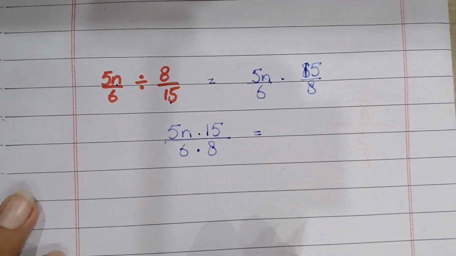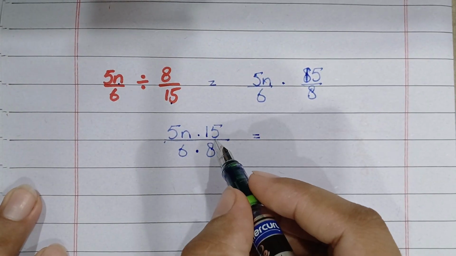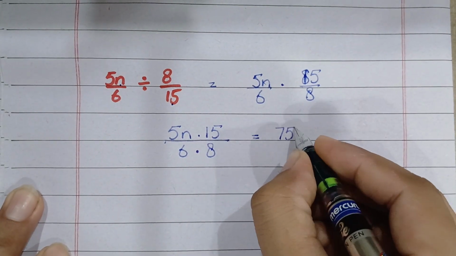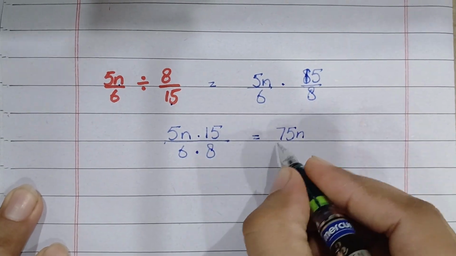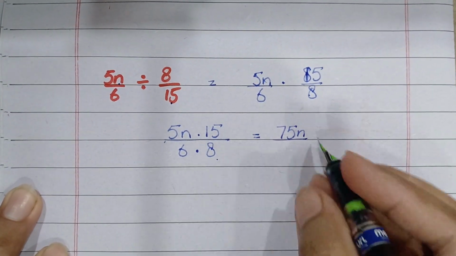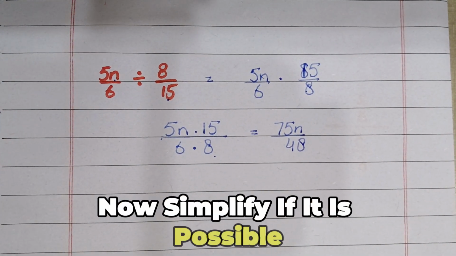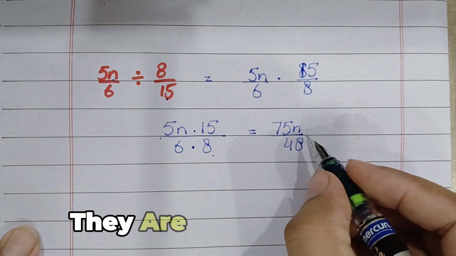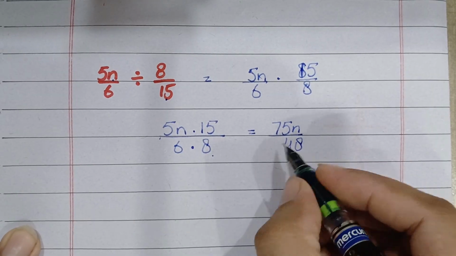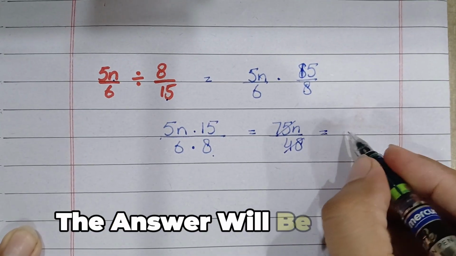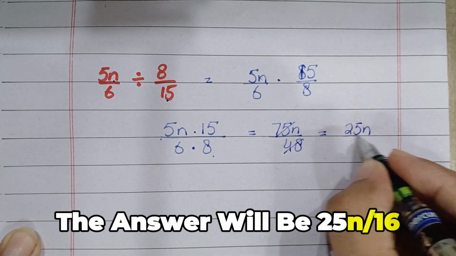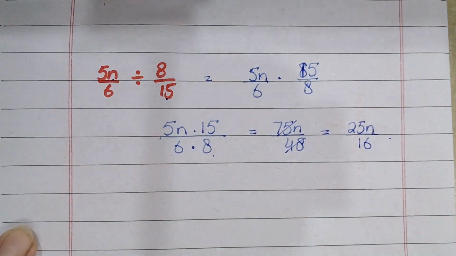Now simplify it. 5 times 15 is 75 and 6 times 8 is 48. Now simplify if it is possible. They are divided by 3. The answer will be 25/16.